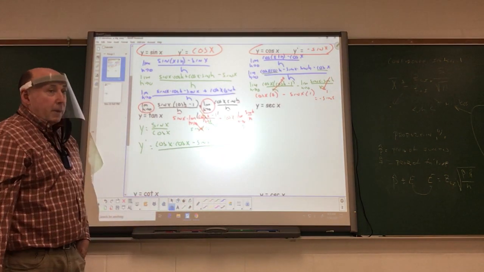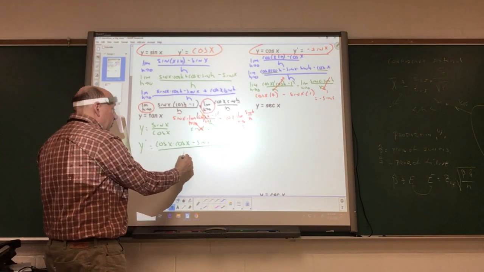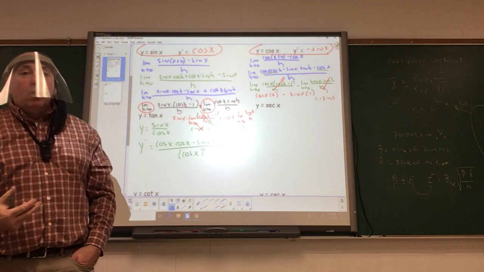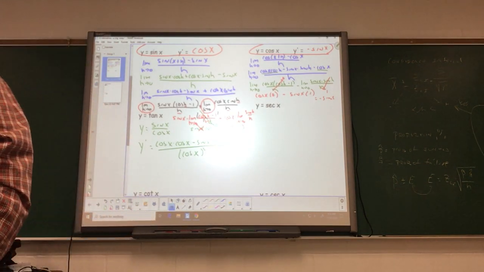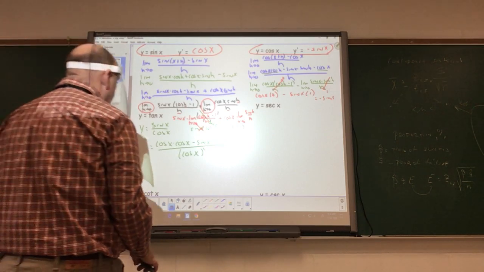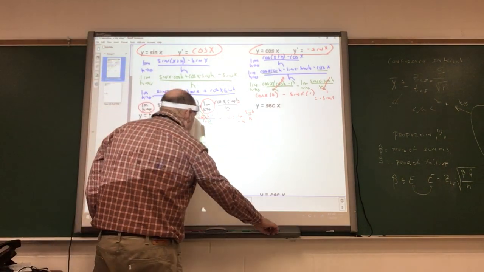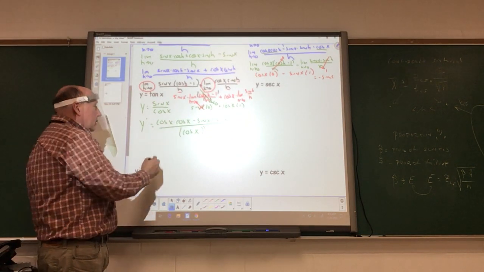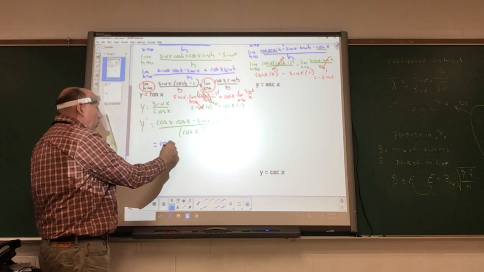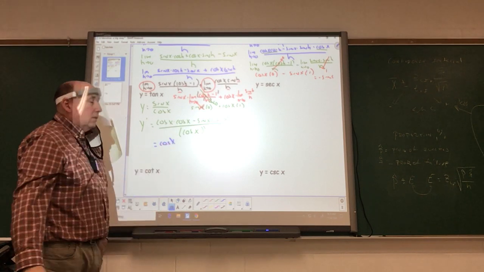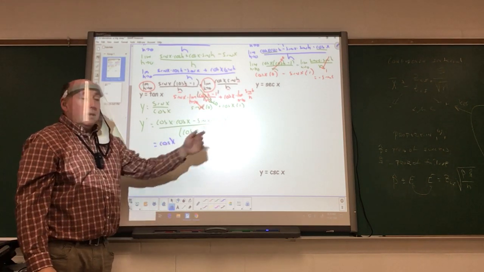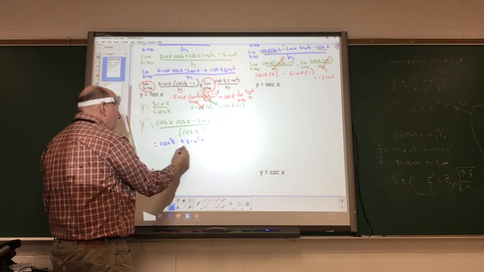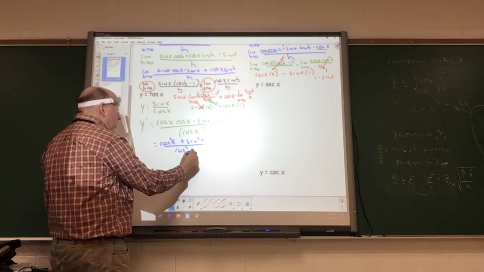And this is all over the bottom squared. All we're doing is applying our quotient rule. Well, if I have cosine x times cosine x, this gives me cosine squared x. And negative sine times a negative sine gives me a plus sine squared of x over cosine squared of x.